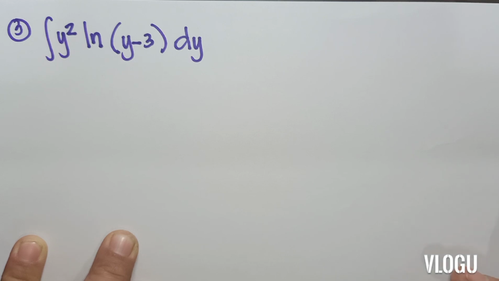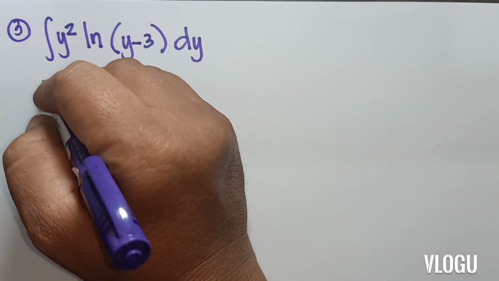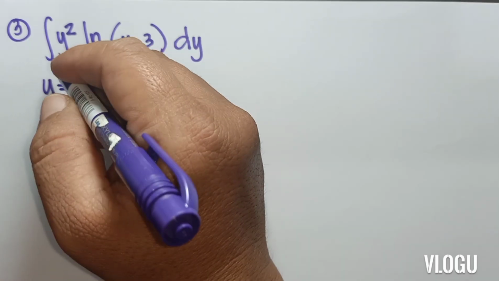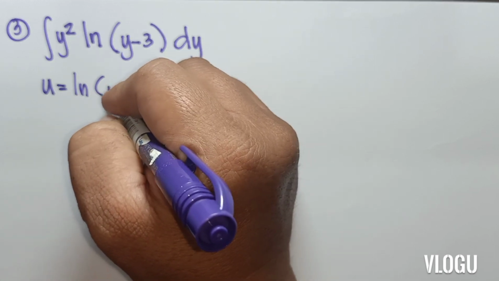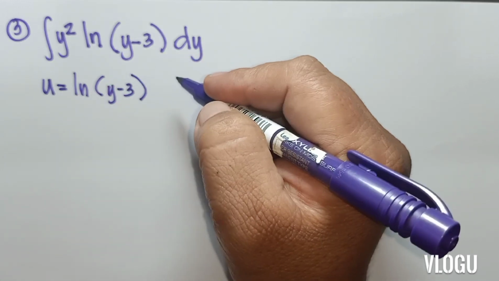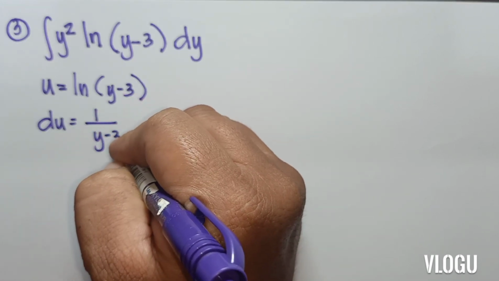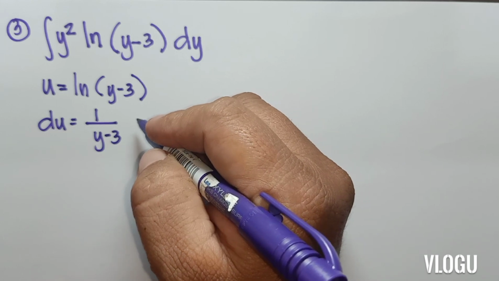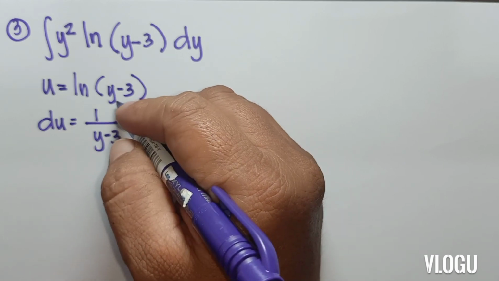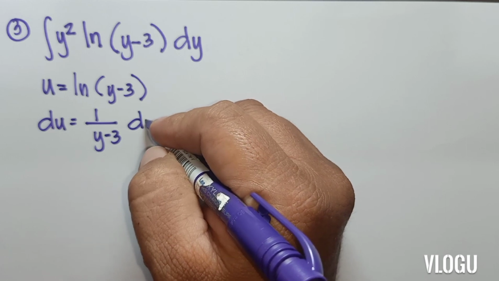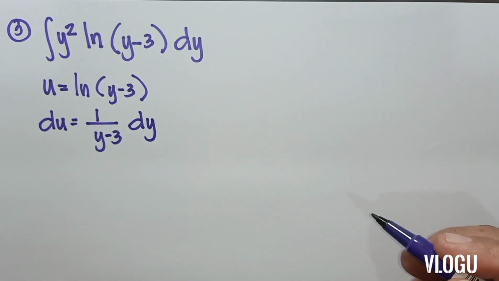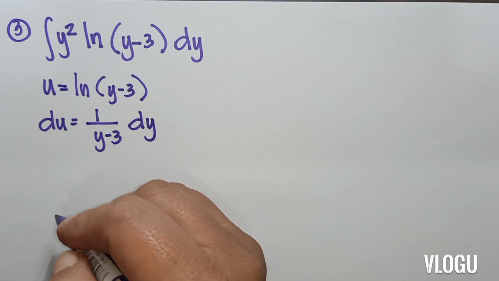Okay, the next example is the integral of y squared ln of y minus 3 dy. Therefore, our u is equal to ln of y minus 3, and the derivative of u is 1 over y minus 3 times dy.